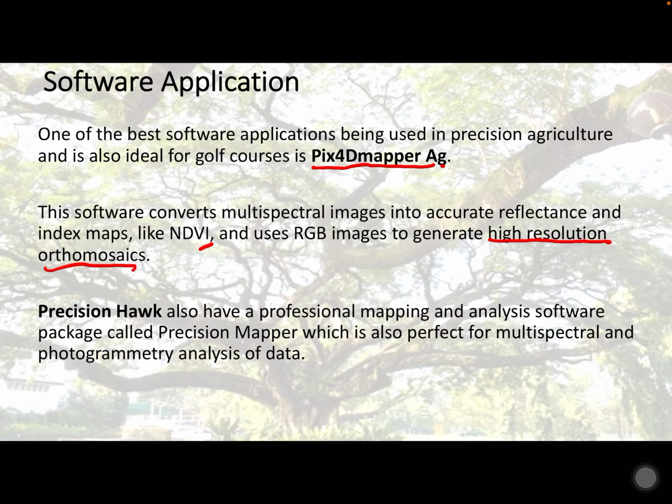If I'm not correct, you can correct me. Other than that, PrecisionHawk also has a professional mapping and analysis software package called Precision Mapper, which is also perfect for multispectral and photogrammetry analysis of data.